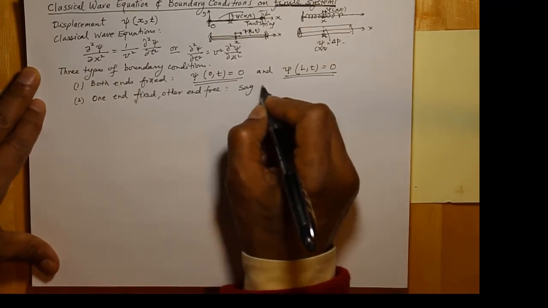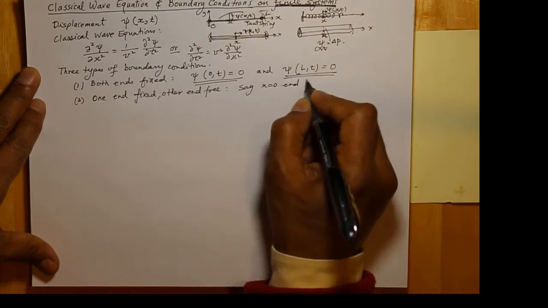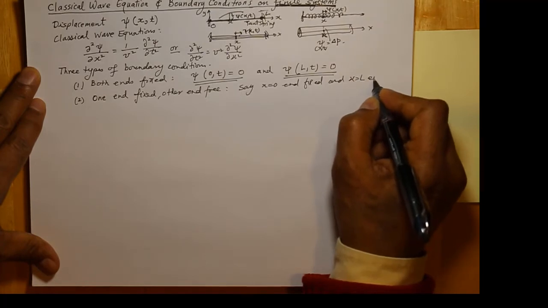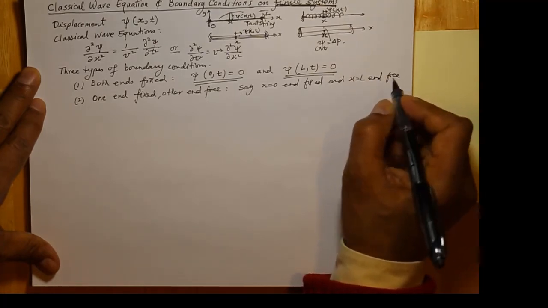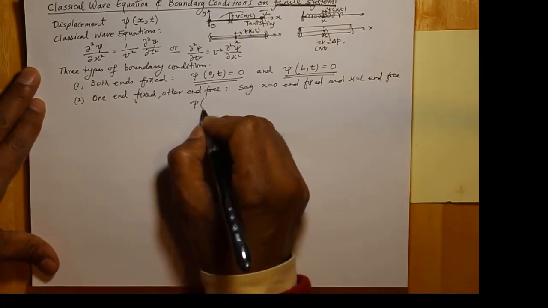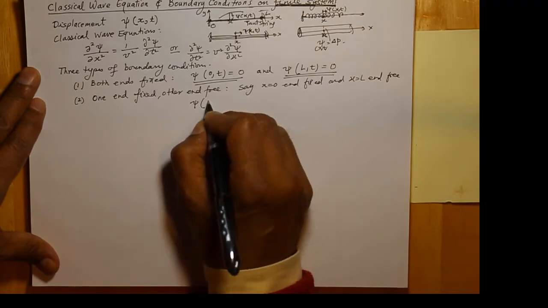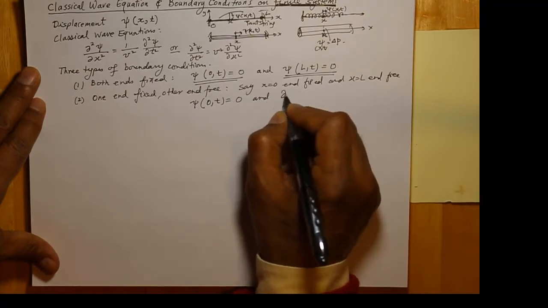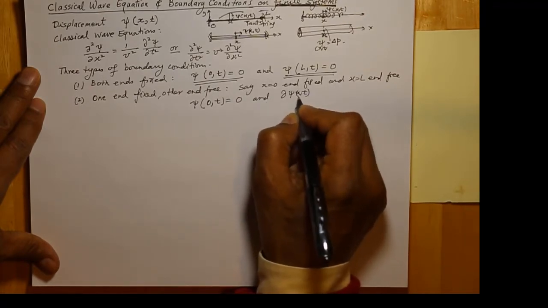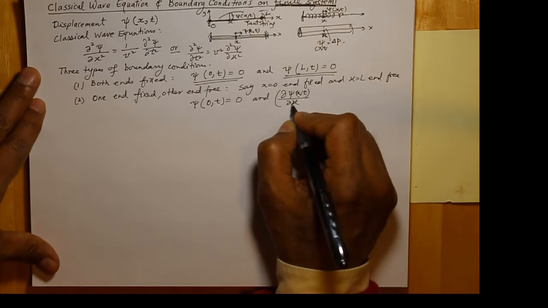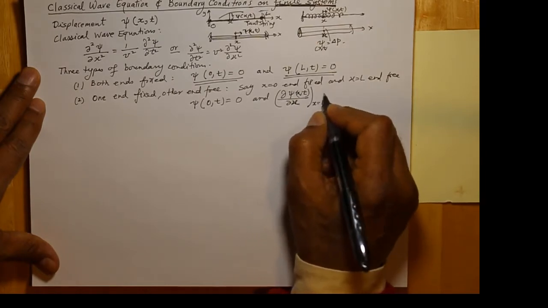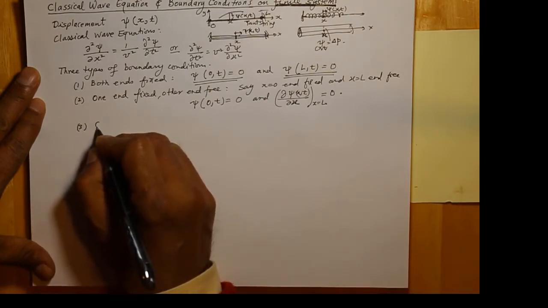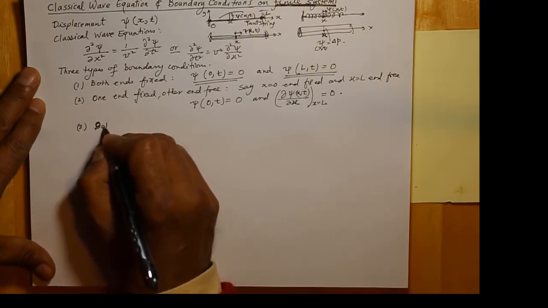Say x equal to 0 fixed, and x equal to L free. In that case we have psi(0, t) equals 0, and d psi(x, t) dx evaluated at x equal to L will be 0. And the third one is both ends free.